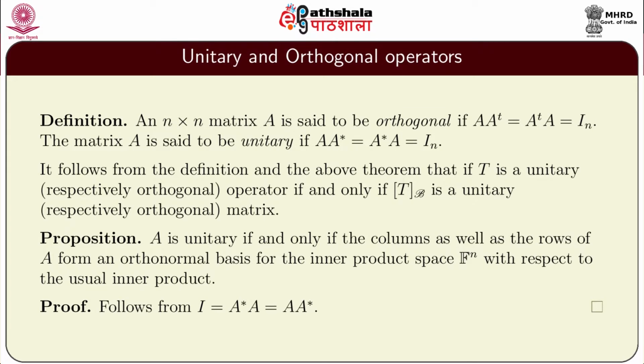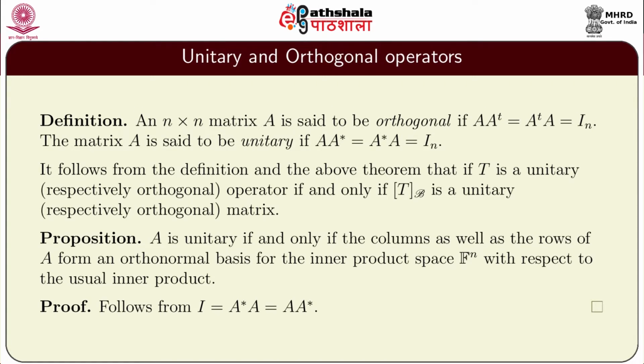It follows from the definition and the above theorem that T is a unitary, respectively orthogonal, operator if and only if the matrix representation T B is a unitary, respectively orthogonal, matrix.